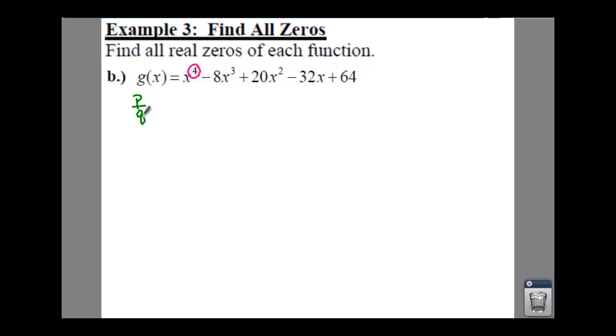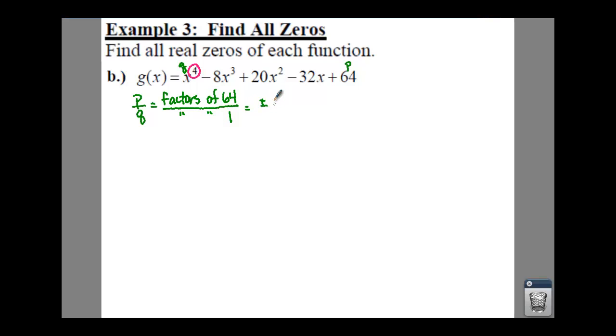And when we have our p over q, that means we need to find factors of 64 over factors of 1. Here's p, here is q. So that really means we just need factors of 64.